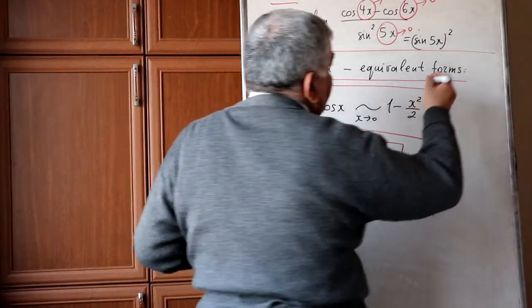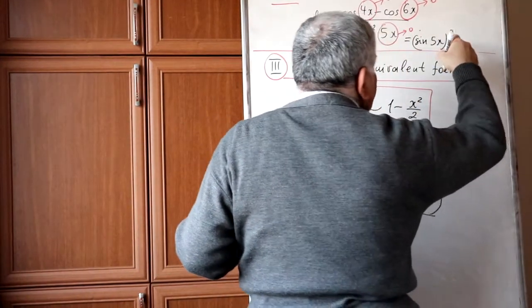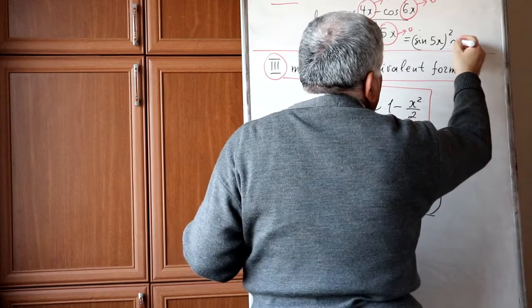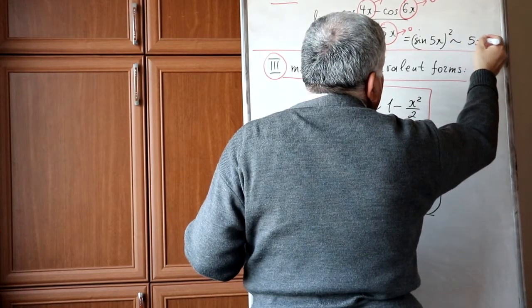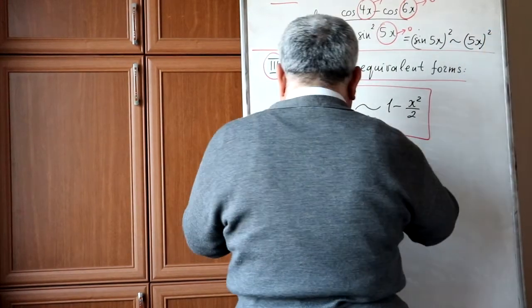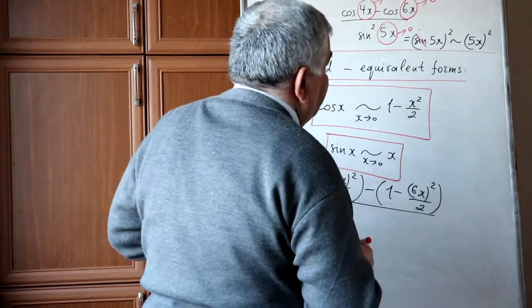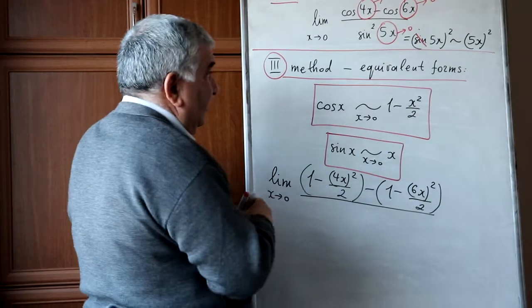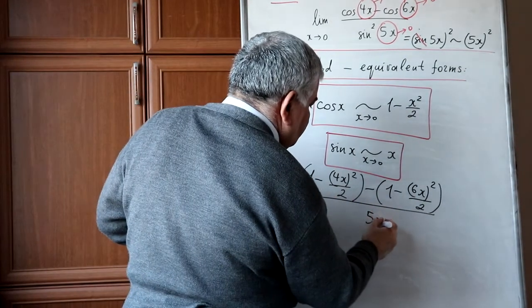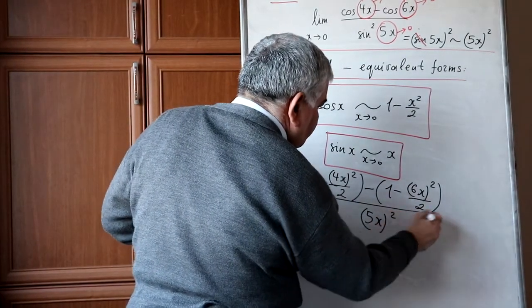Therefore, we can change it by the equivalent form (5x) squared. Here we can delete the sine symbol and write in the denominator (5x) squared. Continue.